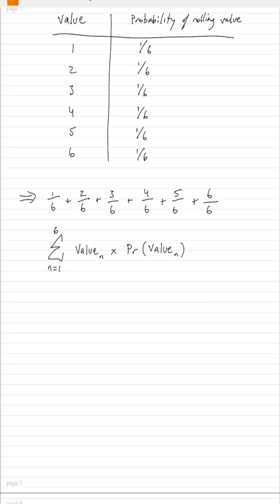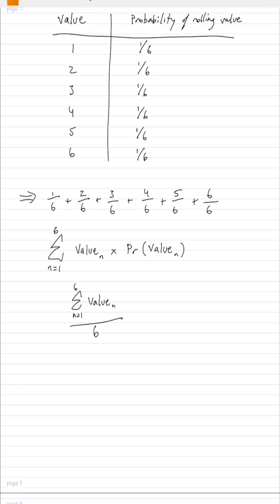So we can redo this. Since the probability is the same, we can even look at it as summation from n equals 1 to 6 of all of the values divided by 6. So that's easy enough.